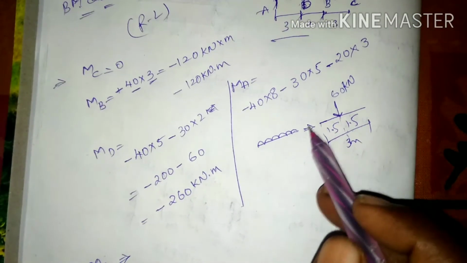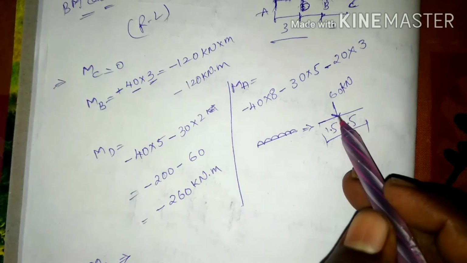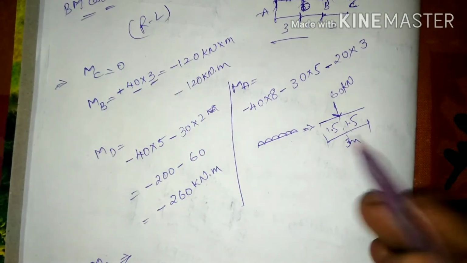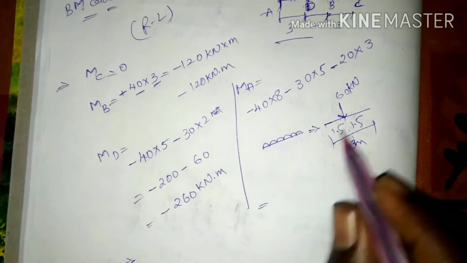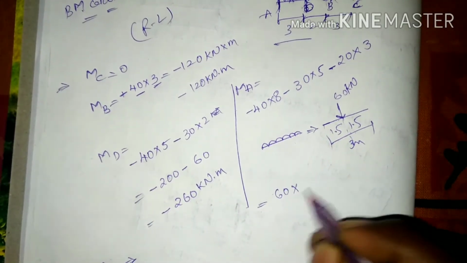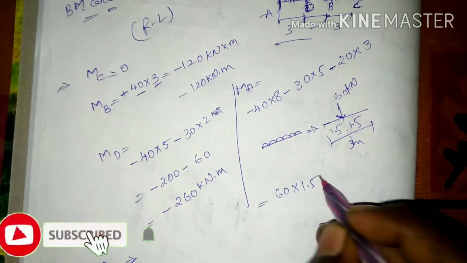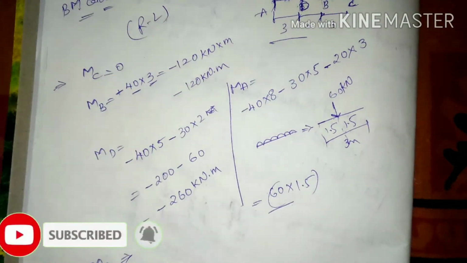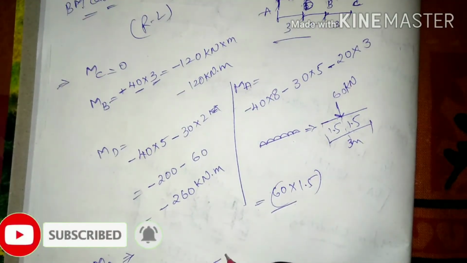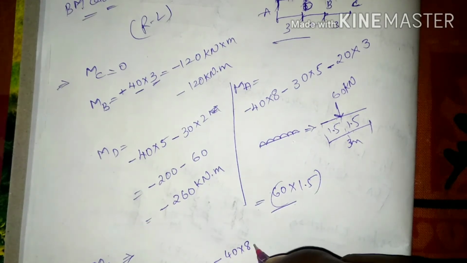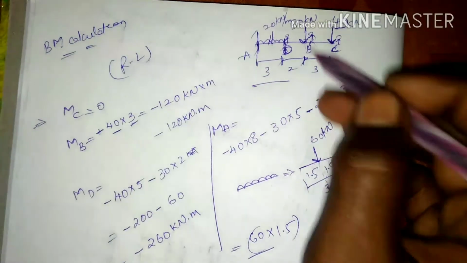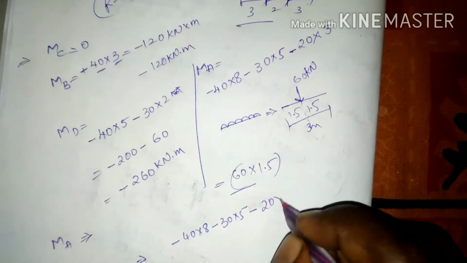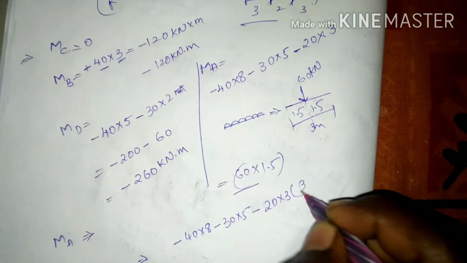So it is going to take the moment from the midspan, that is 60 into 1.5, that we are going to consider here: minus 40 into 8, minus 30 into 5, and minus 20 into 3 of 3 by 2.